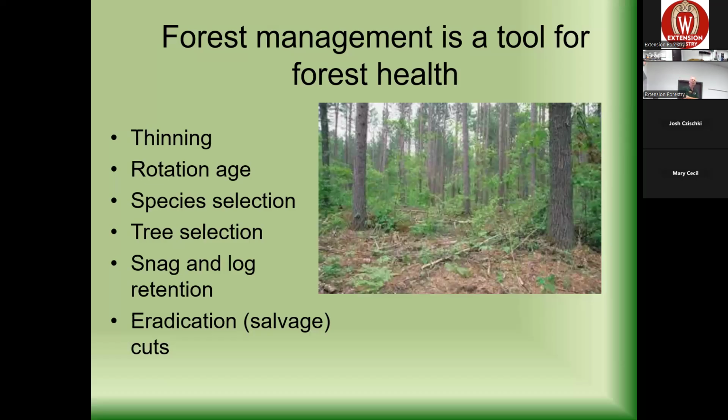Those things are going to play important roles for the wildlife that live there. And then that log falling to the ground again provides wildlife habitat and also nutrient recycling. And then if something were bad to happen, a windstorm or an ice storm or something, doing some sort of salvage cut to again reset that stand back to a healthy state.